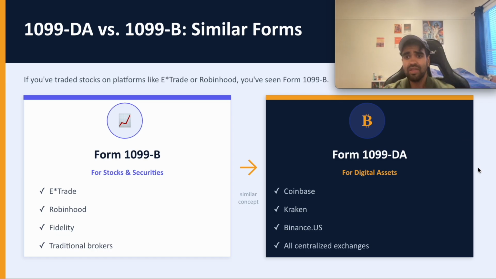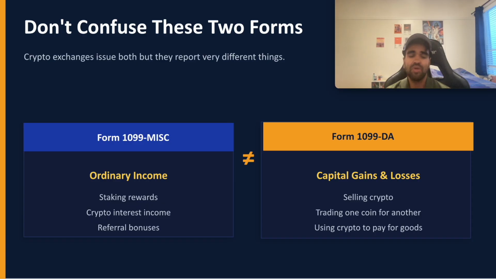Now, one thing that we want to be cautious of is that we don't want to confuse Form 1099-MISC with Form 1099-DA. Binance.us and most crypto exchanges issue both forms, but they are different. Form 1099-MISC is designed to report ordinary income.